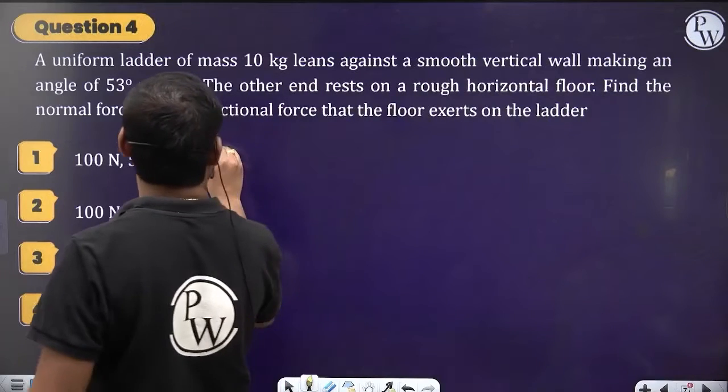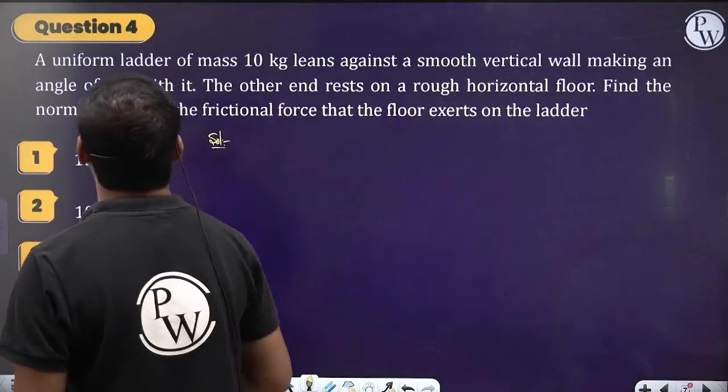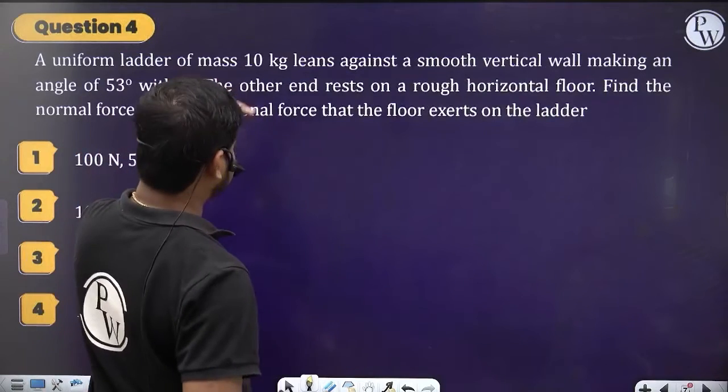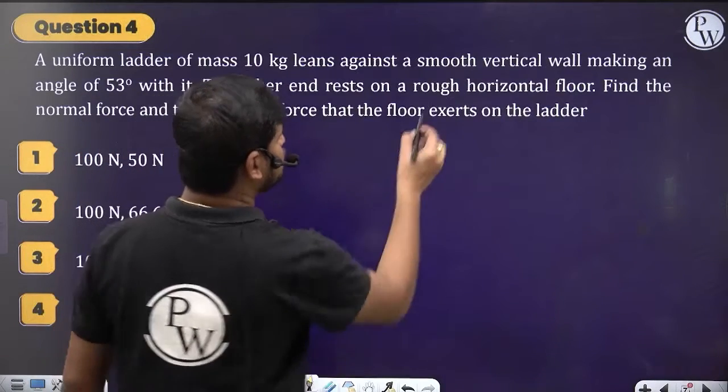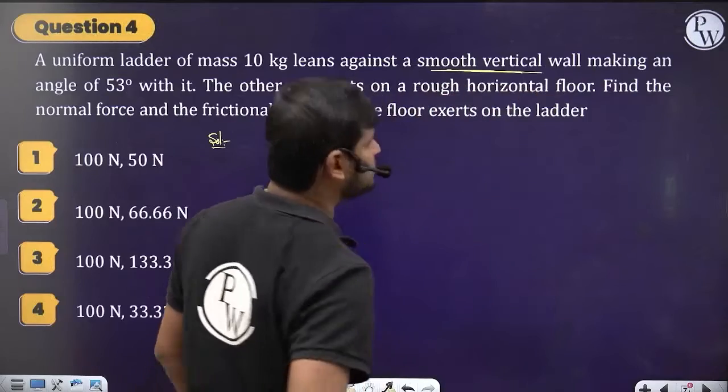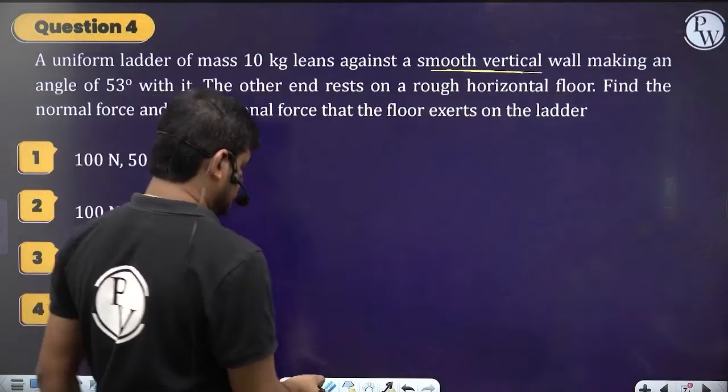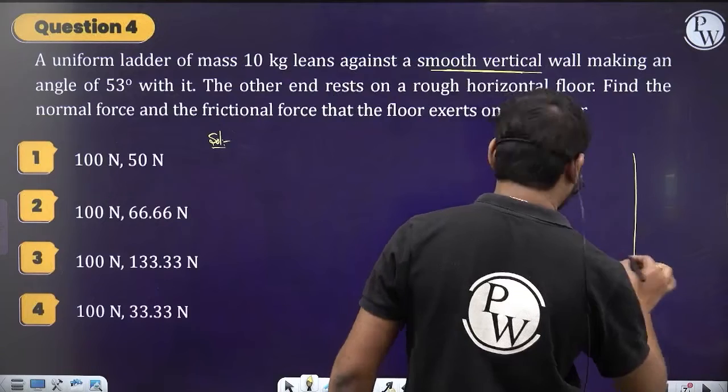What does the question say here? A uniform ladder of mass 10 kg leans against a smooth vertical wall. The vertical wall is smooth, which means there is no friction. So consider there is a vertical wall.